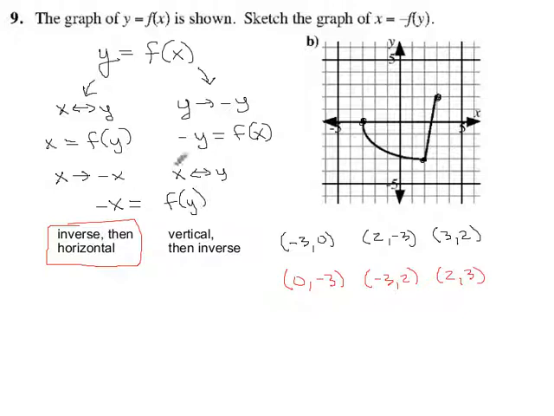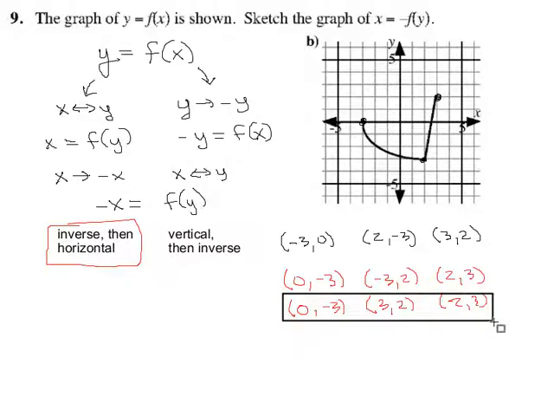And then we do a horizontal reflection, which means the signs on the x all flip. So 0 doesn't have a sign, there's nothing to flip, nothing changes there. That point is invariant under horizontal reflection. This one becomes +3, 2. And this one becomes -2, 3. So that's our finished version if we do the inverse and horizontal.